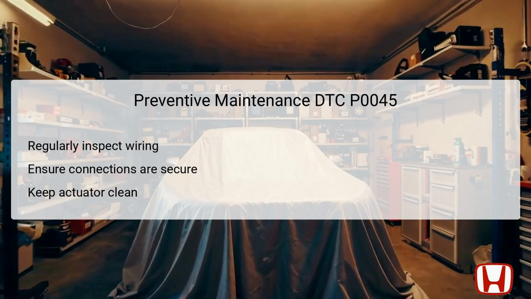Ensuring that all electrical connections are secure and free of corrosion can prevent electrical malfunctions. Additionally, keeping the actuator clean from dirt and debris can promote longevity and optimal function. Adopting these preventive measures will enhance the reliability of the turbocharger system and improve vehicle performance.